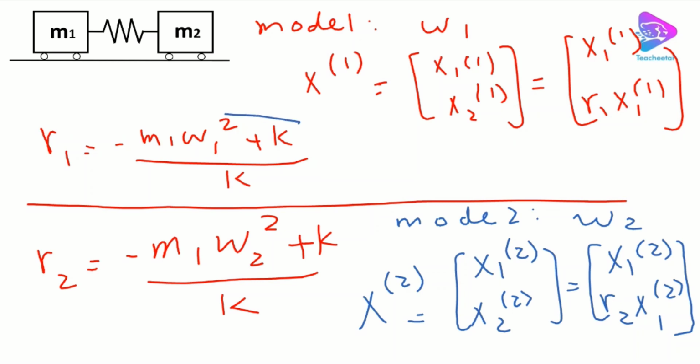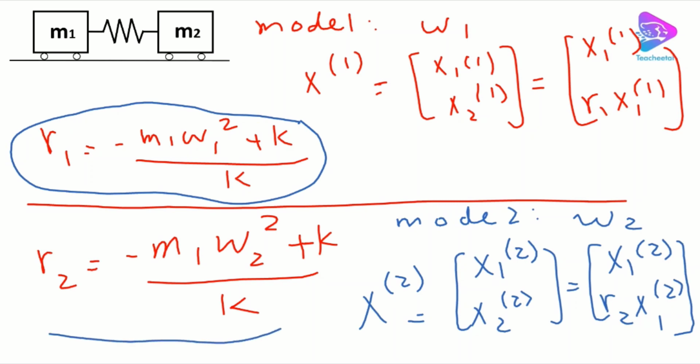The only difference is the expressions here for r1 and r2 are different here and there. So let's plug in what we found for omega 1 and omega 2 here and see what happens.